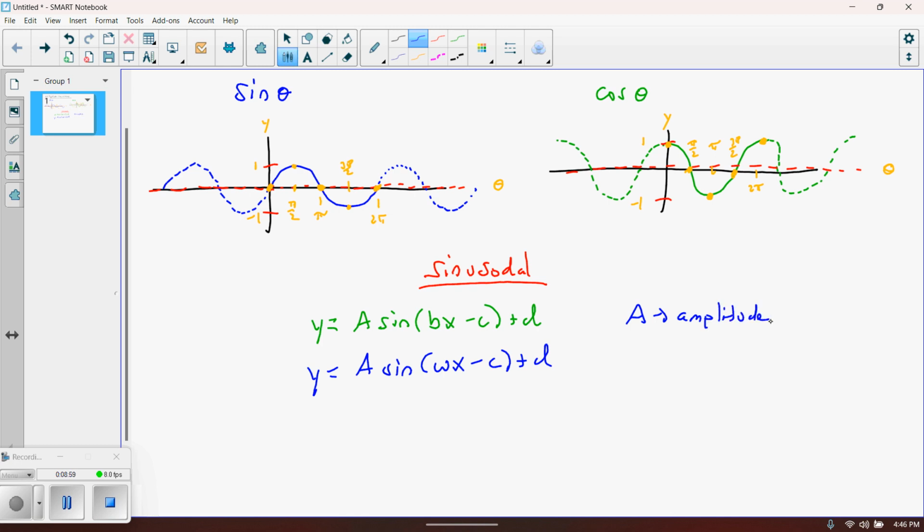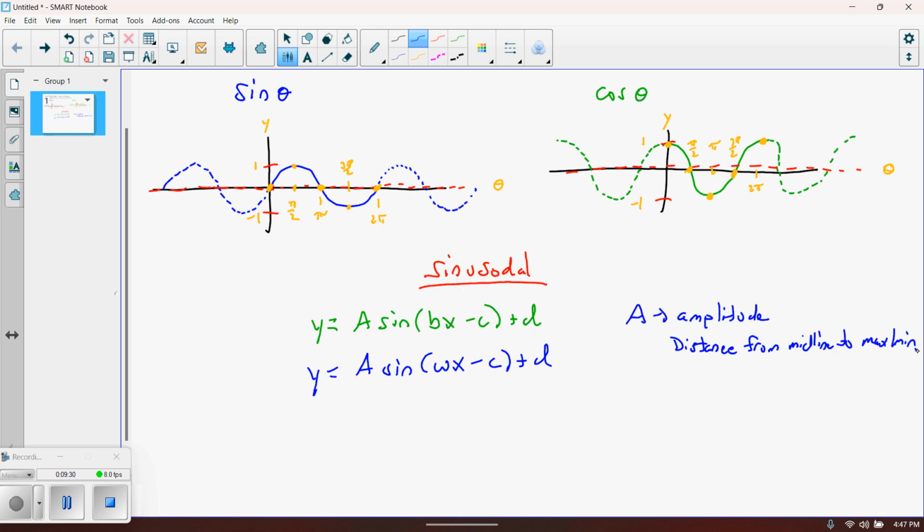And the amplitude is literally going to be the distance from the midline to either the maximum or the minimum, because it should be the same distance since the midline is in the middle. So the amplitude is the distance from the midline to the max or min.